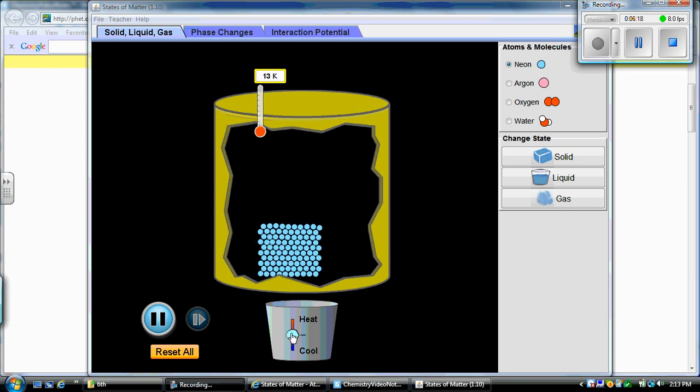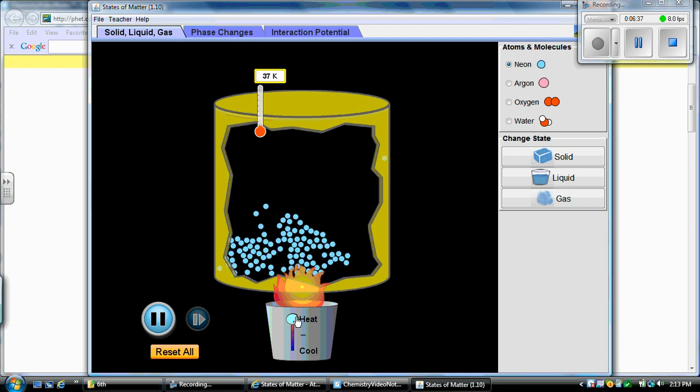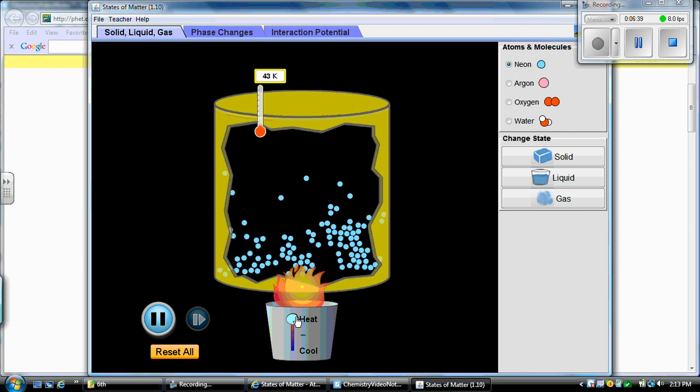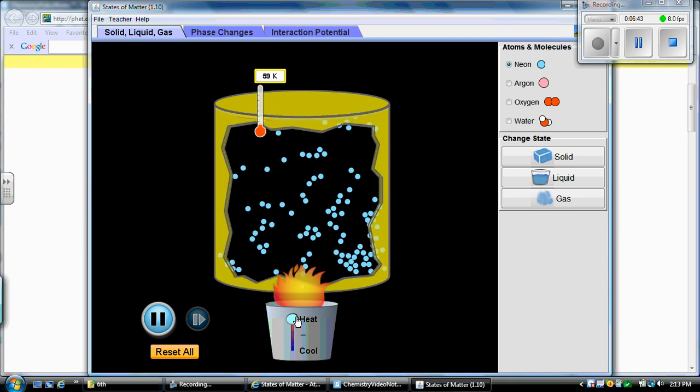If we start to add heat energy, this is how energy can change matter, you're going to see a change in state from a solid to a liquid. And if we keep adding more heat, the particles get more kinetic energy. The more kinetic energy, the farther apart they are, and they start changing into a gas.